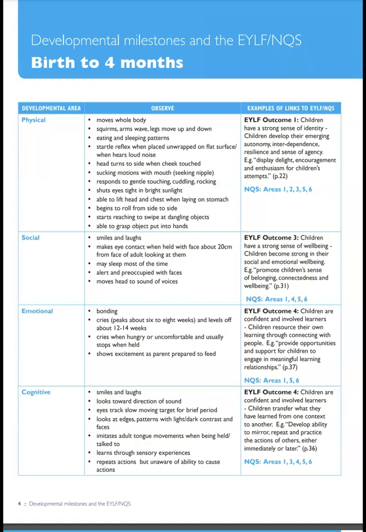Also, you can look at outcome 4, children learn to resource their learning through connecting with people. So when children are hungry, they need to depend on parents and guardians and educators. So engaging in meaningful relationships at this age sometimes means sharing a bottle for 20 plus minutes.